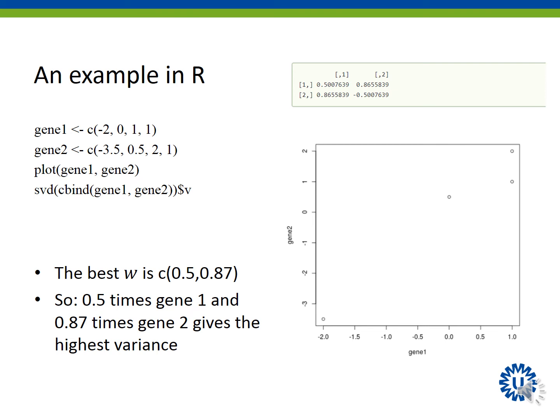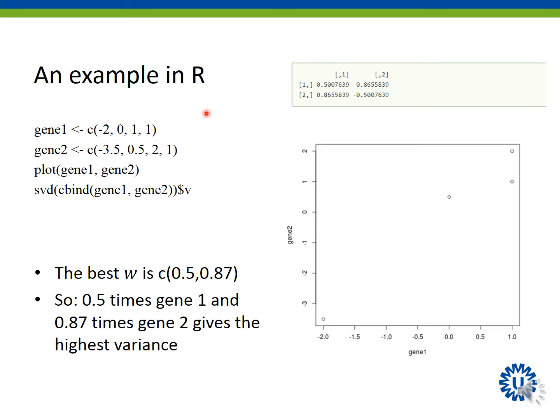We can give an example in R to see how it works. So here I have two genes. Gene 1 consists of 4 measurements: -2, 0, 1, and 1. And gene 2 consists also of 4 measurements: -3.5, 1/2, 2, and 1. Note that they both have 0 mean.